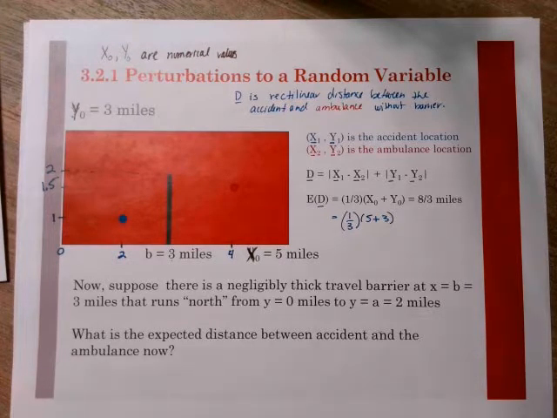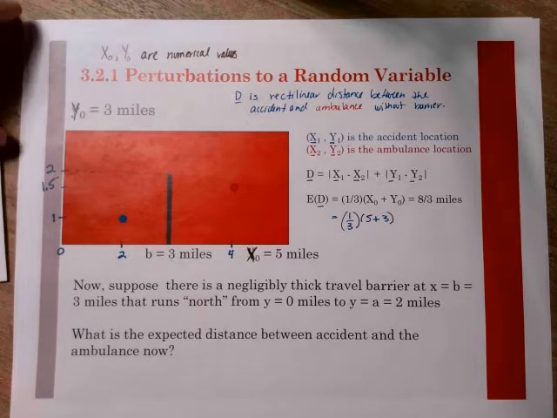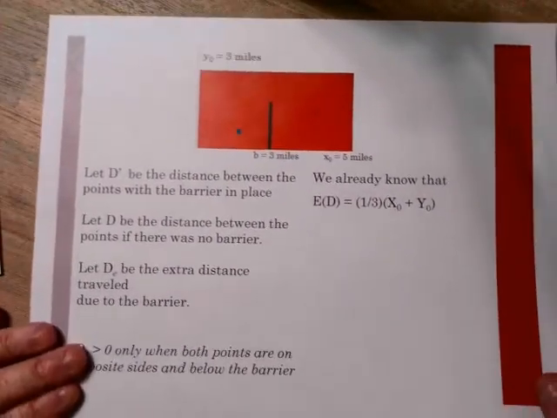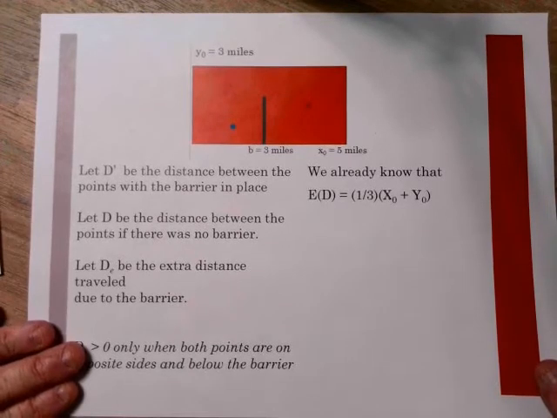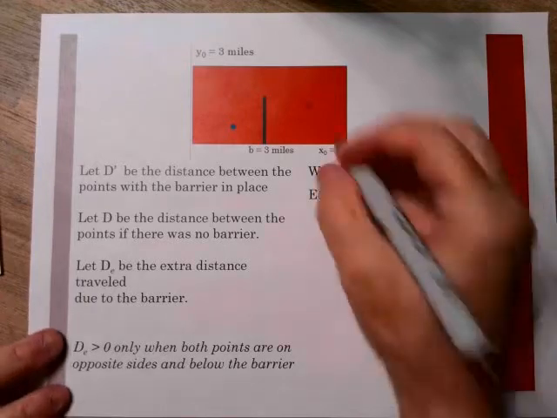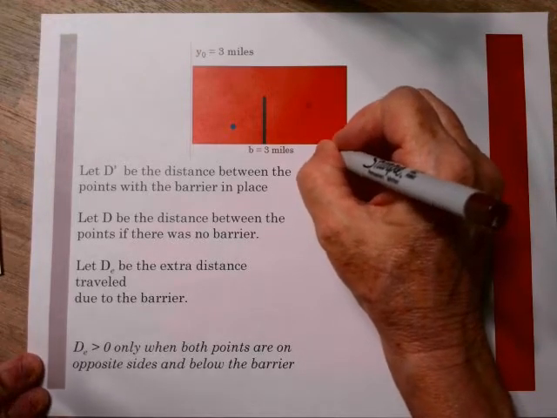Okay, so on the next slide, I'm going to define a couple of different random variables for this problem. So here's our area again, and thank you for your patience as I redraw some things, because I wish that I had caught this earlier.